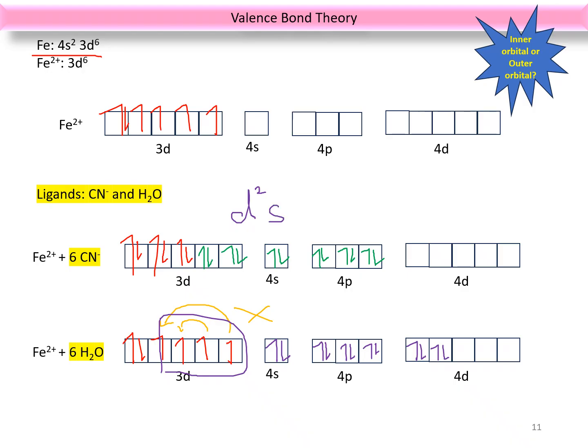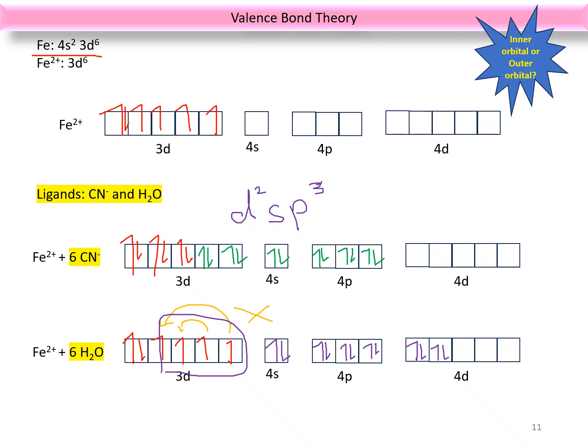This is s from 4s, and p. How many p? 3. All 3 orbitals in 4p are used up. So the hybridization is d2sp3, and this is inner orbital hybridization.